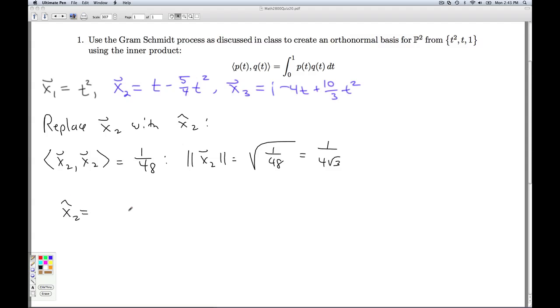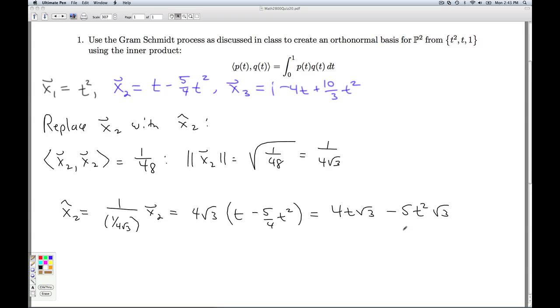So x2 hat is 4 radical 3 times t minus 5/4 t squared. So I get 4t radical 3 minus 5t squared radical 3. That's my x2 hat. I'll write the squared first: 5t squared radical 3 plus 4t radical 3.